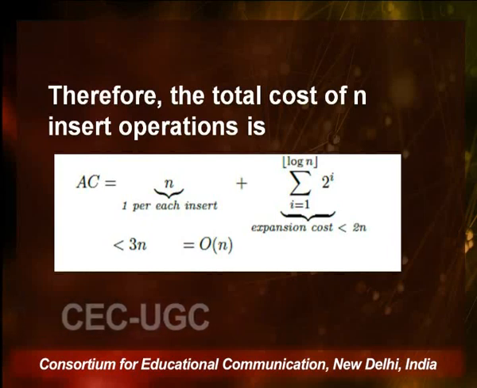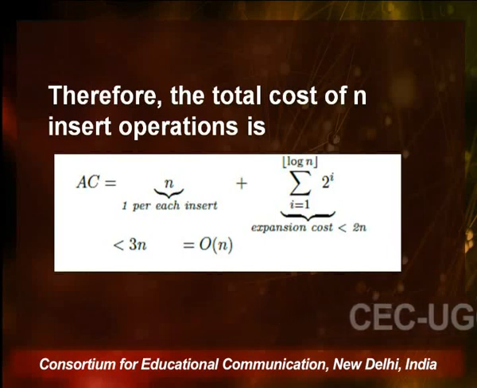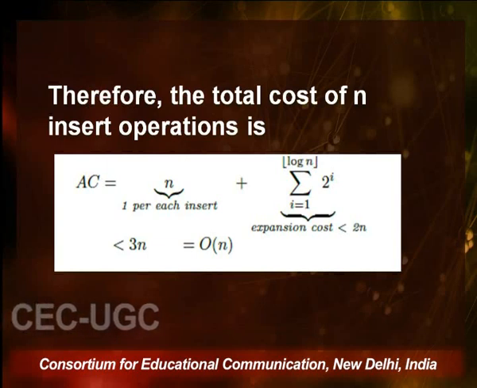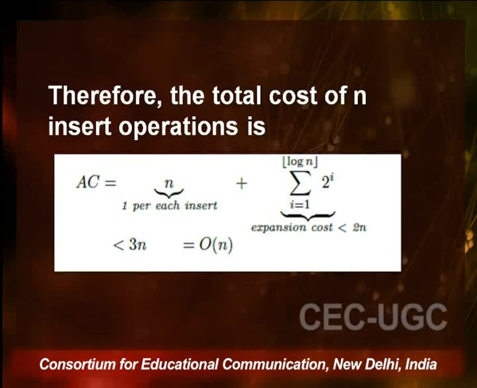We can say 1 unit of time for each insert, and n inserts we are going to do. So n units of time by the calculation of 1 per insert.